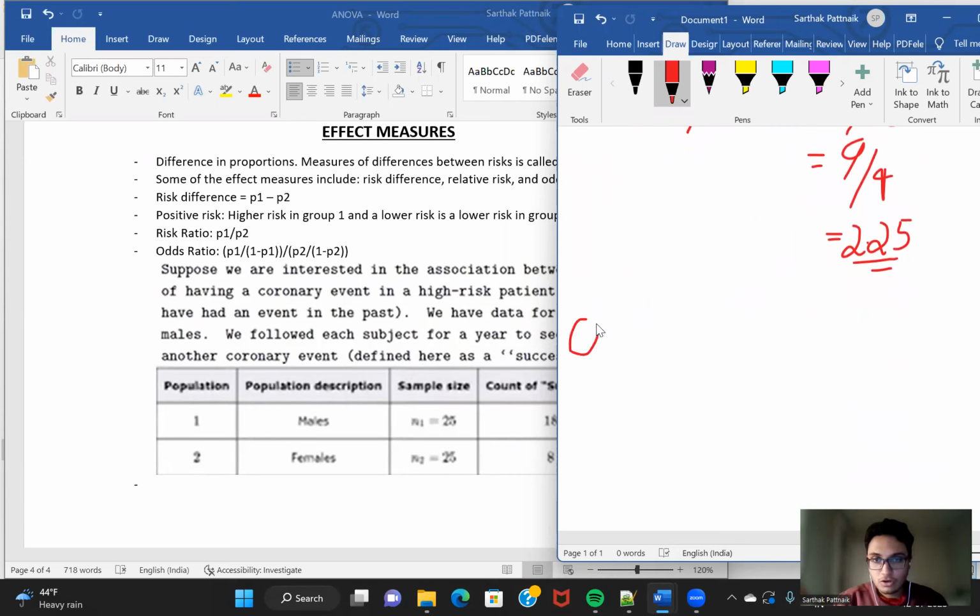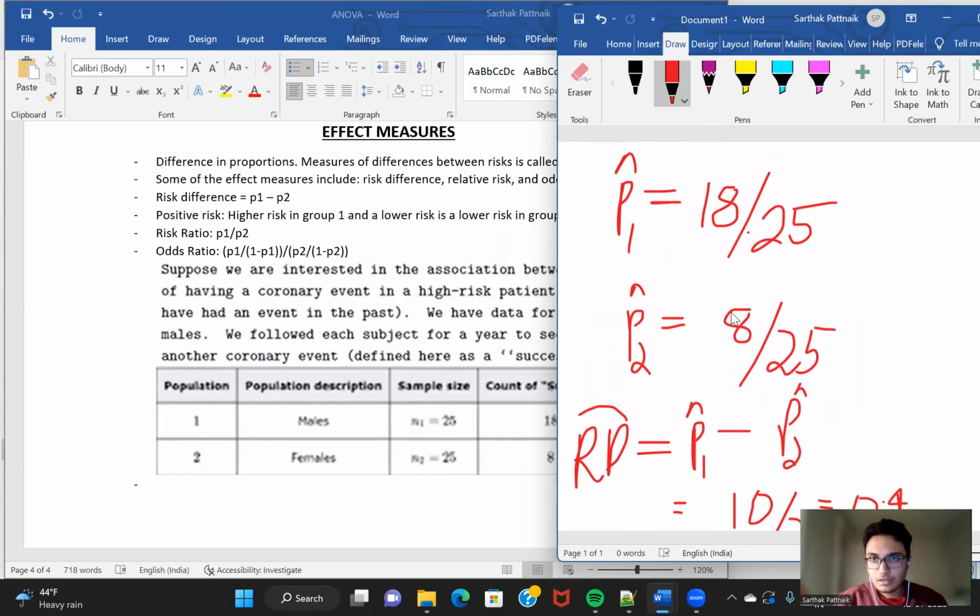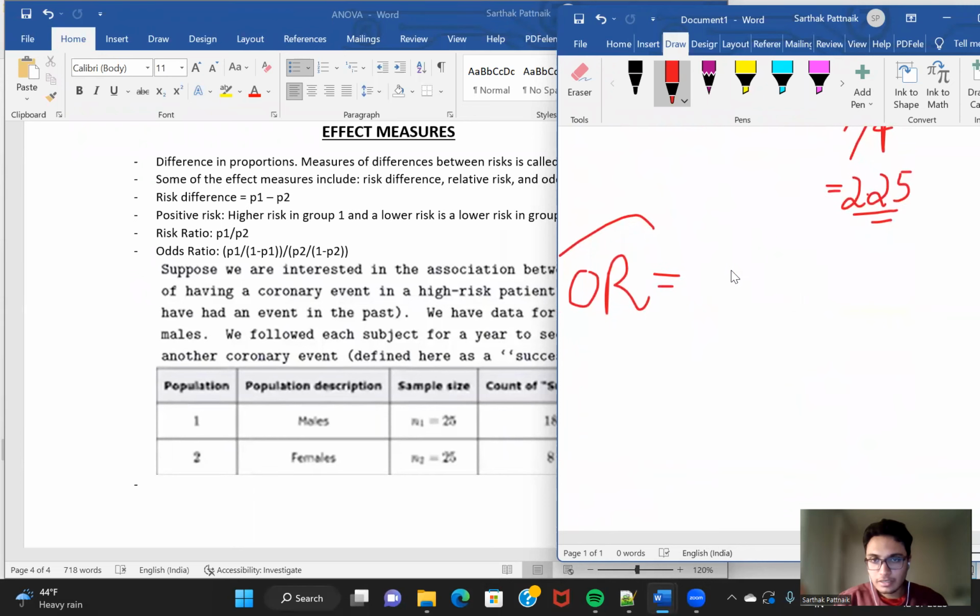And if I have to calculate odds ratio, I'll do it like this. 18 by 25 upon 25 minus 18, which is going to be 7.